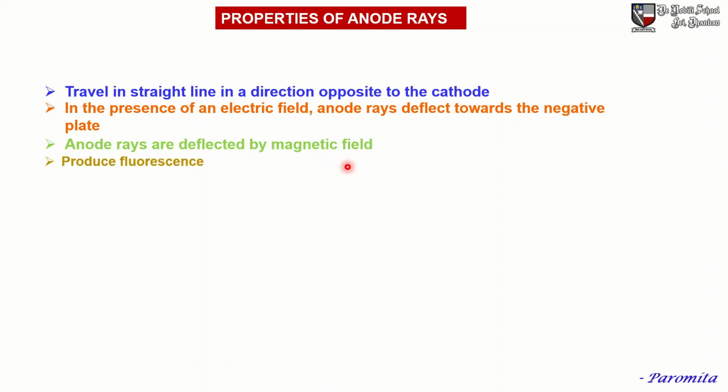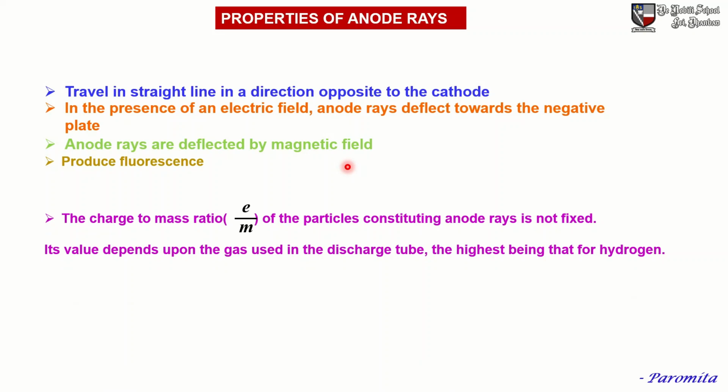Anode rays produce fluorescence when made to fall on zinc sulfide. The charge to mass ratio of the particles constituting anode rays is not fixed like that of the cathode rays. Its value depends upon the gas used in the discharge tube, the highest being for hydrogen.